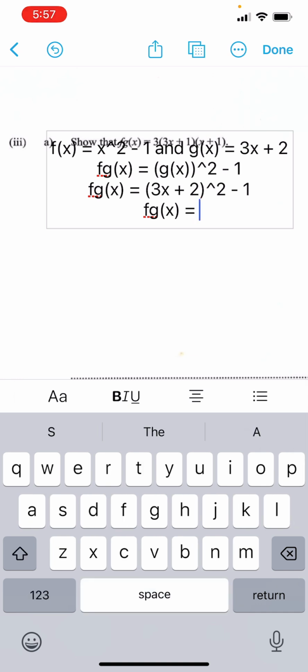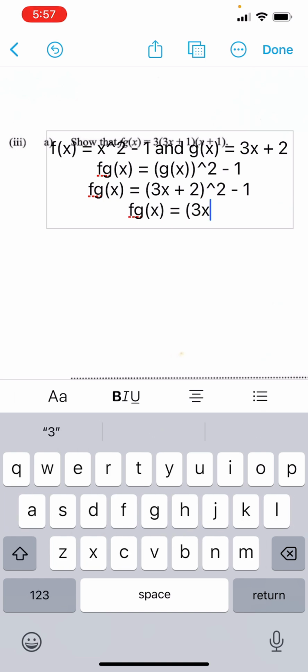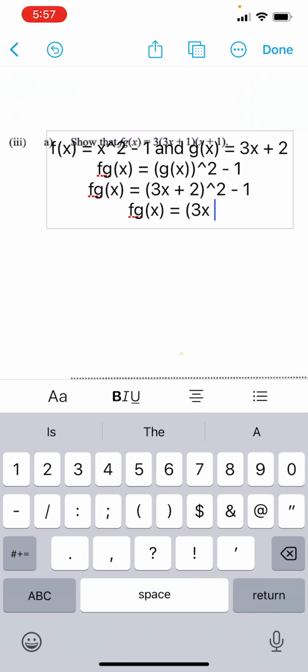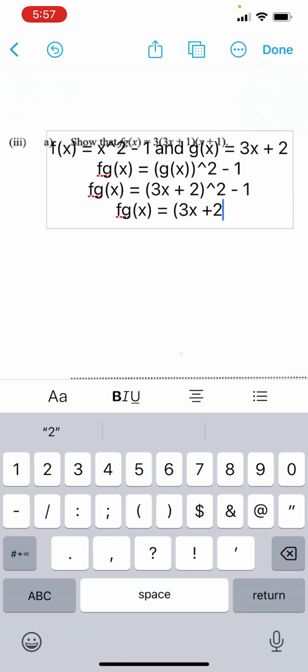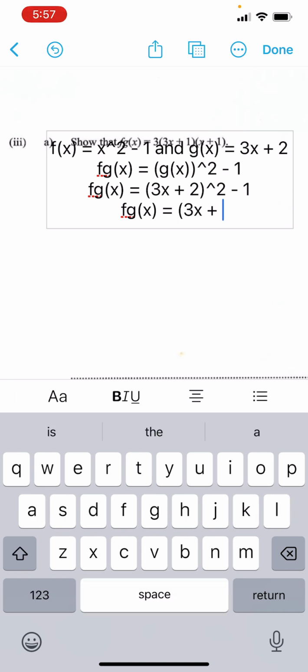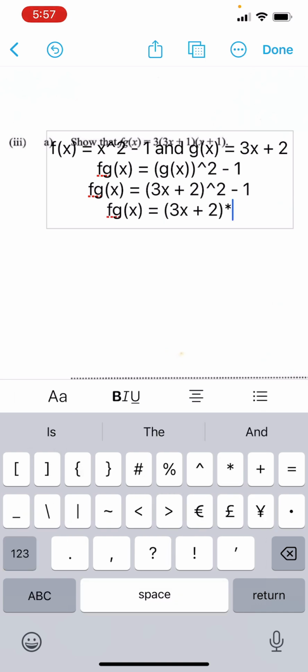Now, how do you treat this now? Again, you're just using the maths that you learned so far. So you square 3x plus 2. Alright, so it's going to be 3x plus 2 bracket. I'm going to use the asterisk sign here.